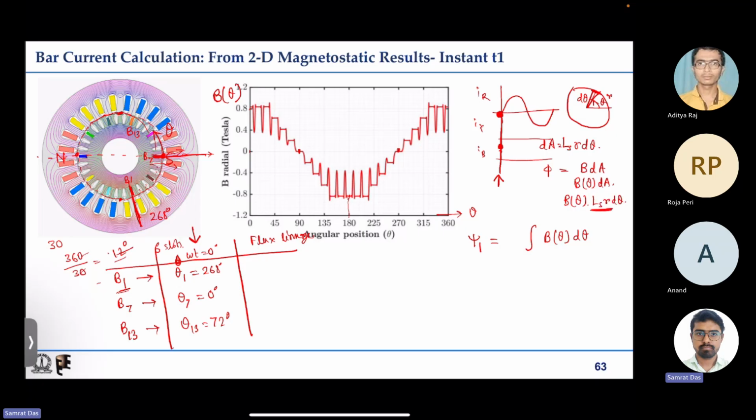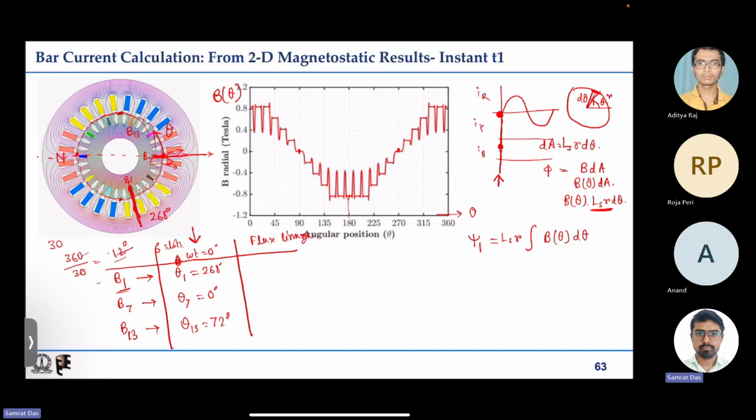Both ls and r are constants, so they can safely be taken outside the integration. We have B theta d theta, and the integration limits will be from theta 1 minus pi by 2 to theta 1 plus pi by 2, because it's a two pole machine, so the mechanical angle is the same as the electrical angle.